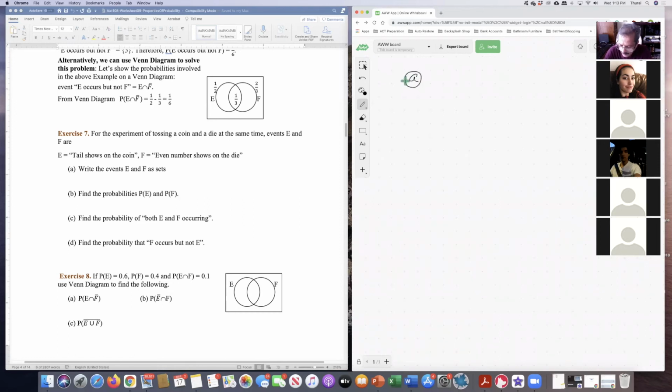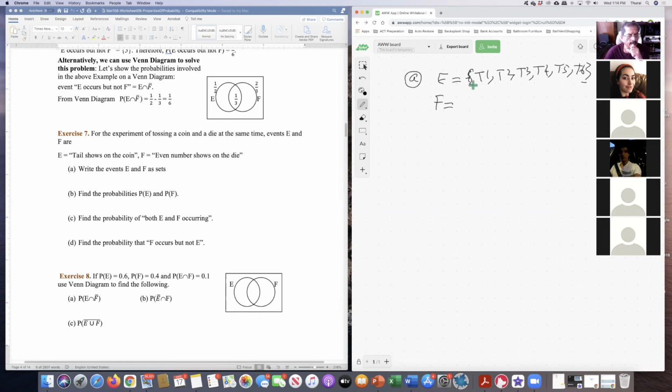Part A is event E equal to T1, T2, T3, T4, T5, T6. Oh, we're just putting down E. Yeah, the coin should show a tail. That's all the event is defined as, which means the die can show anything. So therefore, all of these will be in the event, right?